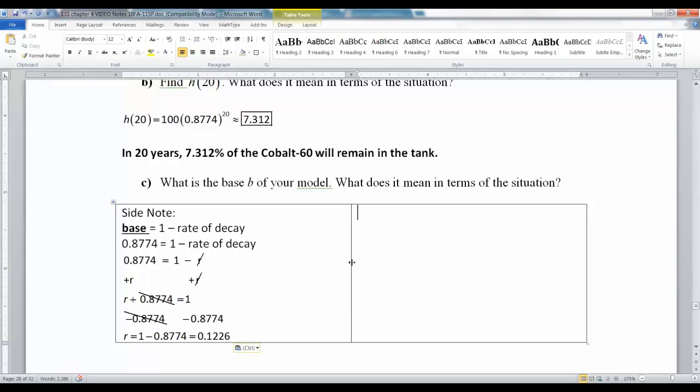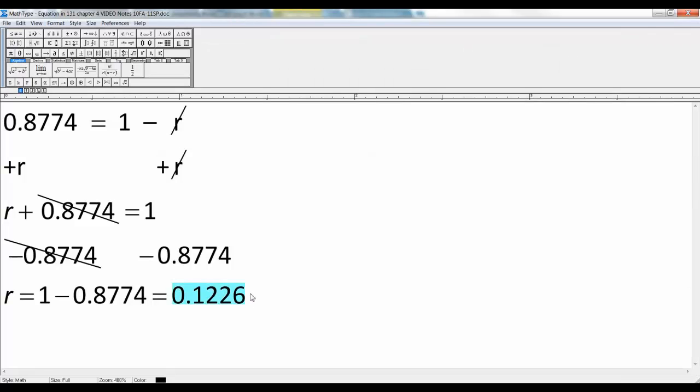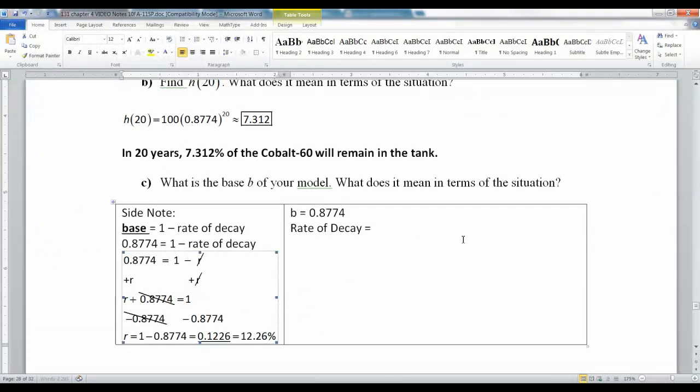Okay, so if that's all true, what's our base? Our base was 0.8774. So what does that mean? That means that we just found our rate of decay is equal to 0.1226, right there, which is really 12.26%, if you were going to write it as a percentage.